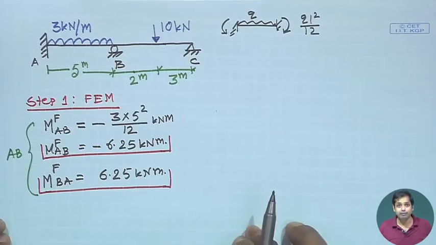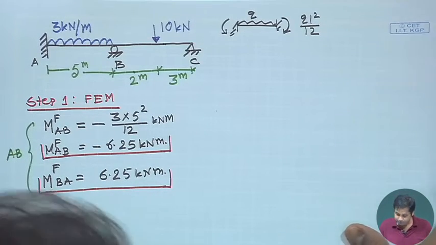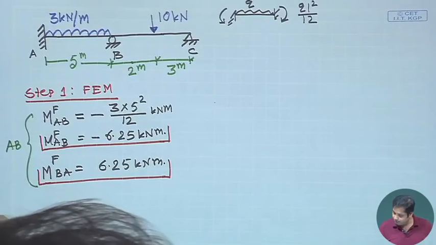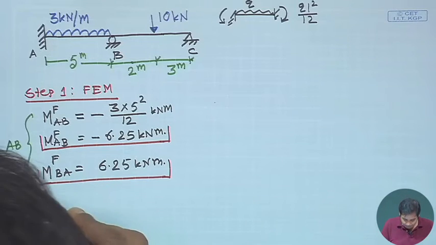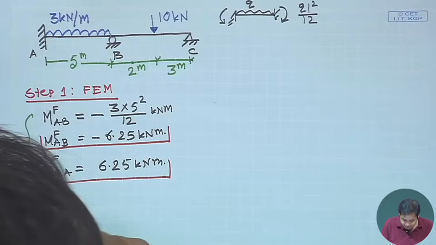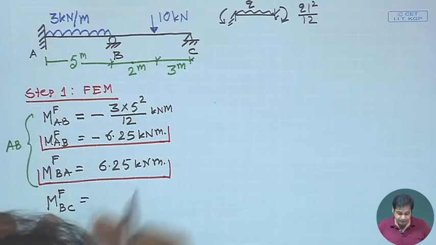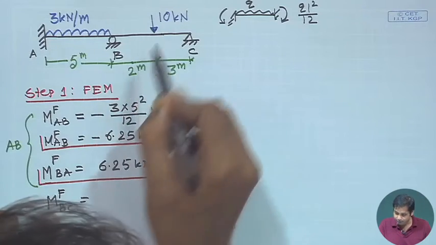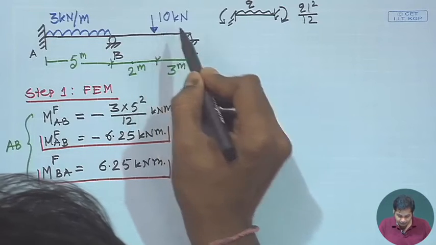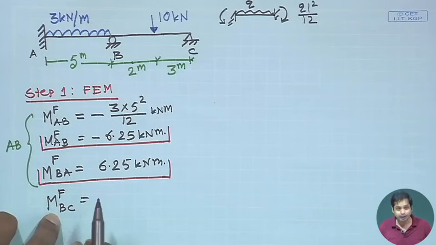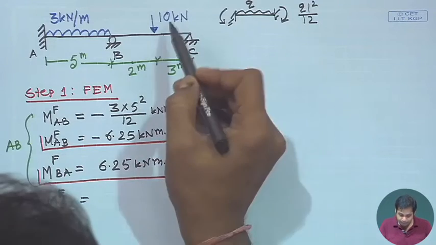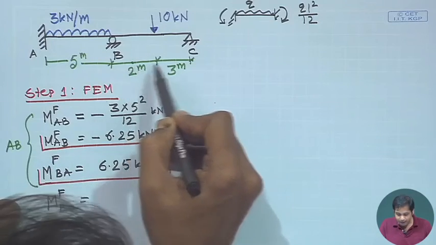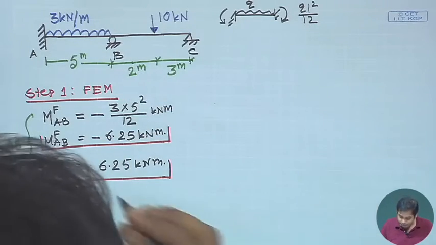Similarly, we can do it for span BC. The fixed end moment at B due to an externally applied load at an arbitrary point is P into a b square divided by L square, which you can find in any book.